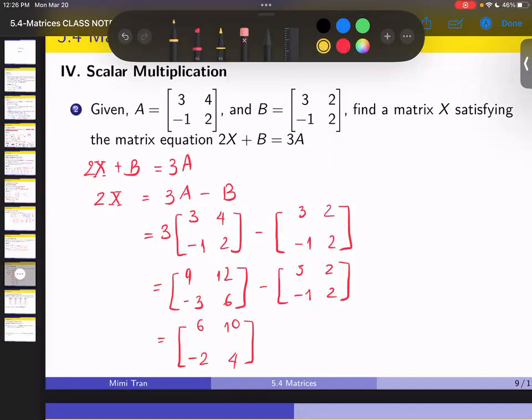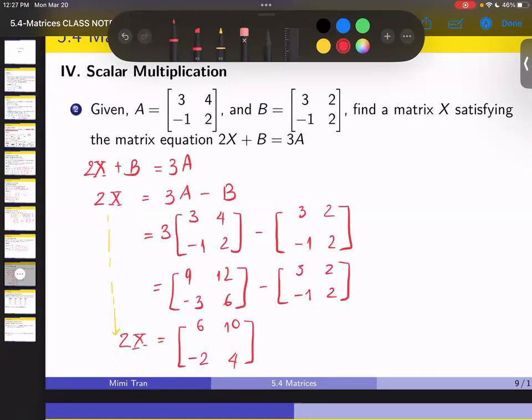And that is 2X, right? 2 times X. Any suggestion? I need X, not 2X. We don't have division.